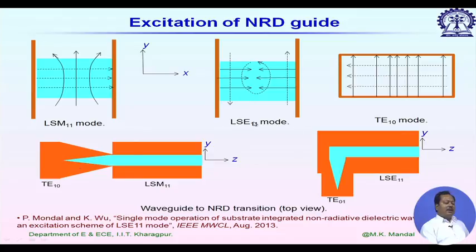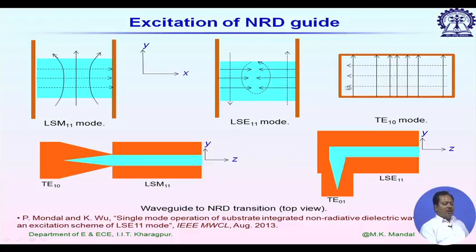Now, how to excite LSE11 mode? For longitudinal section electric, if I look at the electric field configuration, you see it is coming from the left hand ground plane, then going in the propagation direction. From the right hand side it is coming, then on the mid plane it is in the propagation direction.